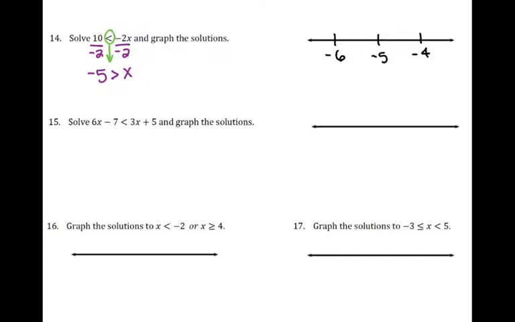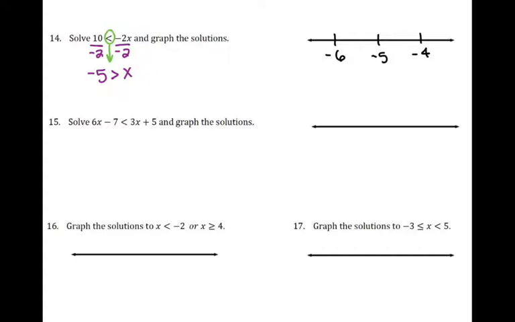So I need to ask myself, is negative 5 greater than negative 6? Or is negative 5 greater than negative 4? Well, negative 5 is greater than negative 6. So that means I'm going to graph in the direction towards -6.